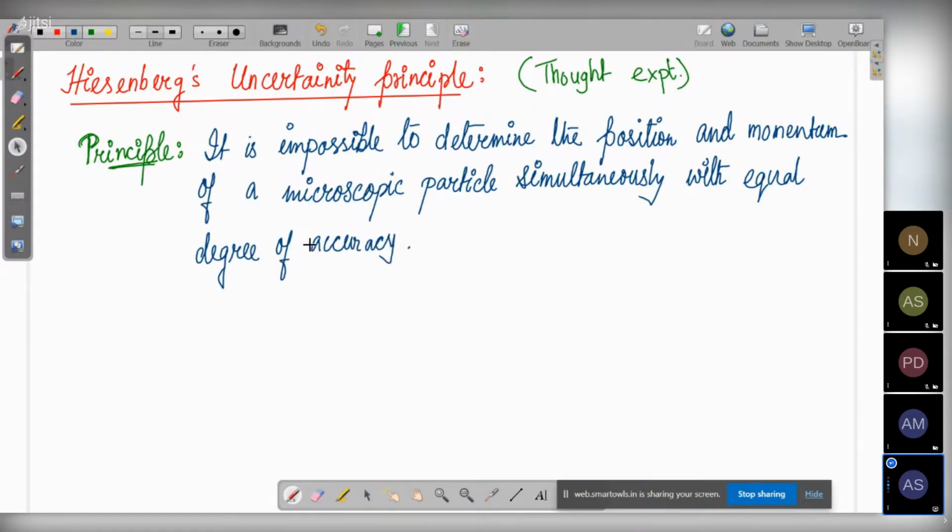So it is impossible to determine the position and momentum of a microscopic particle simultaneously with equal degree of accuracy.